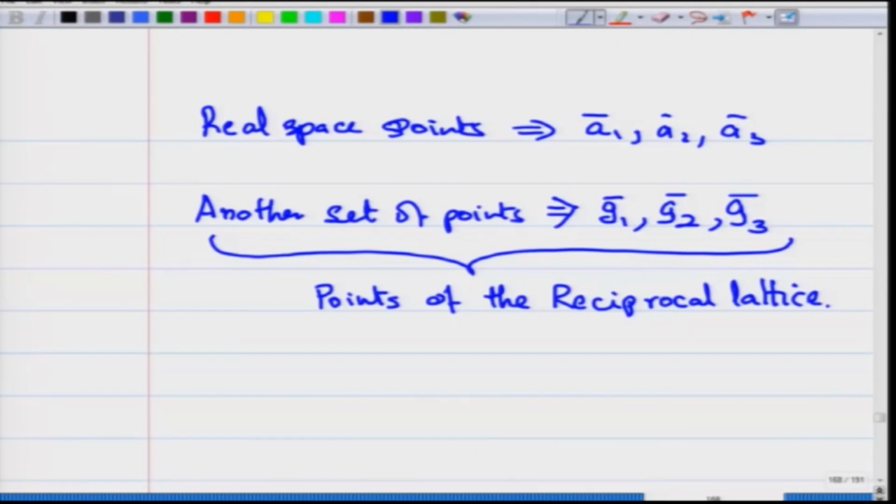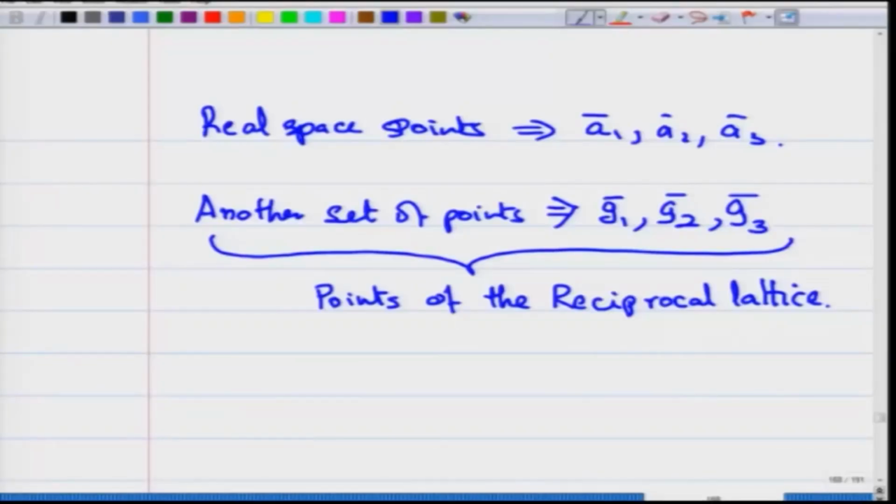So, corresponding to every real space point which is defined by linear combinations of A1, A2 and A3, you can generate another set of geometrical points. Both are geometrical constructions. For a crystal, you can generate a real space lattice using linear combinations of A1, A2, A3.